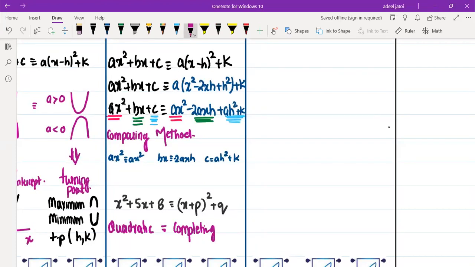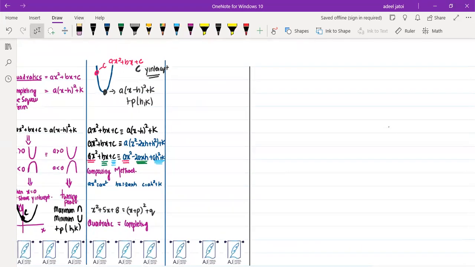through different forms of completing the square, which means the examiner can test you through a, b, c, or through p, q, or c, d, or the original form, that is a(x minus h) whole square plus k.